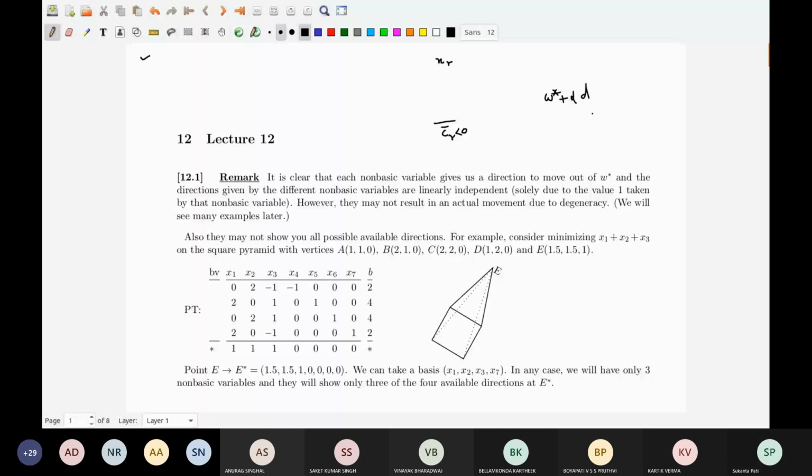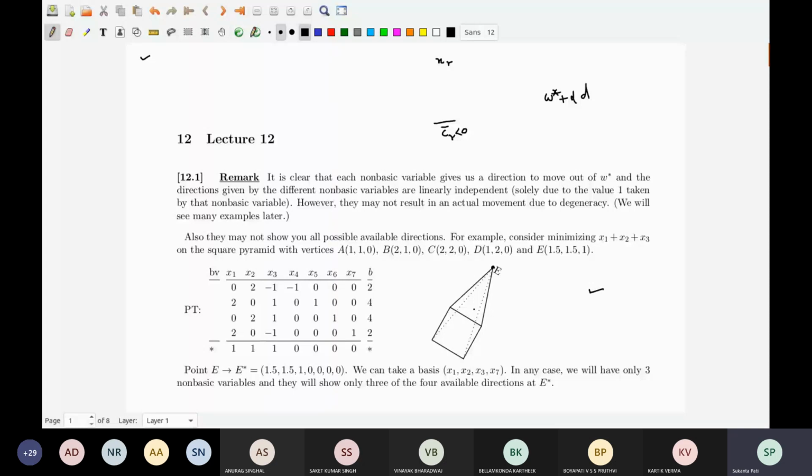The other case is this example. In this example, assume that you are standing at this vertex E. That will come as a BFS. The coordinates of ABCD are written. Actually, ABCD is lying on the XY plane in R3. Since we have x greater than or equal to 0, y greater than or equal to 0, z greater than or equal to 0, this square pyramid gets defined by its 4 upper faces.